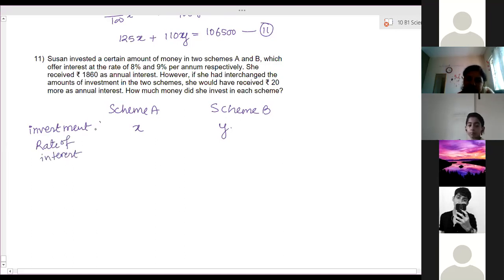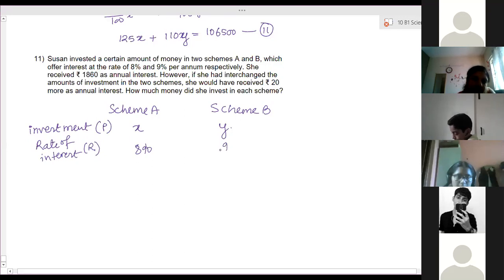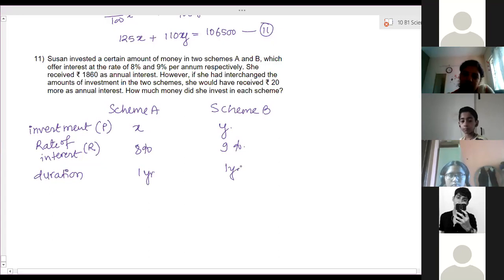This is the investment, that is principal. Rate of interest, that means R, is 8% for scheme A and 9% for scheme B. Total interest is 1,860. Duration we need to check. Ma'am, 1 year, annual interest. So it is 1 year.